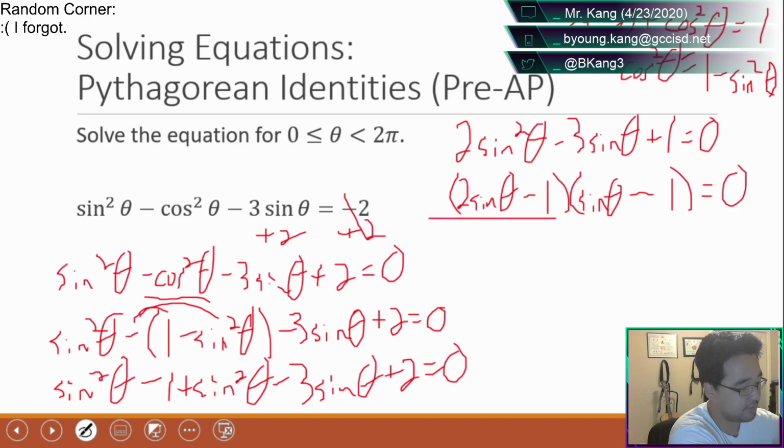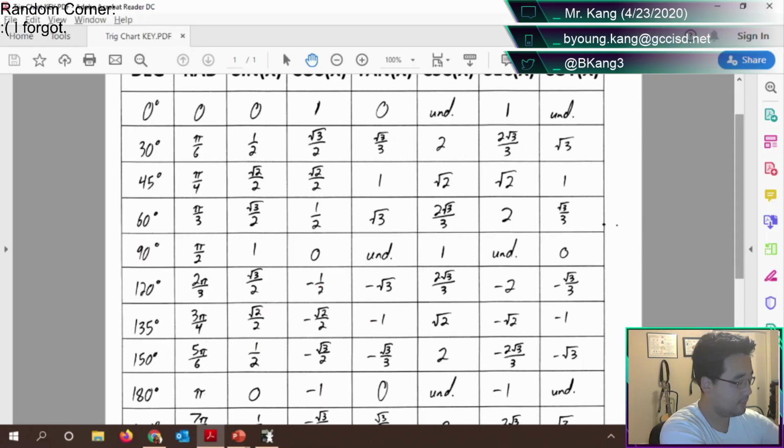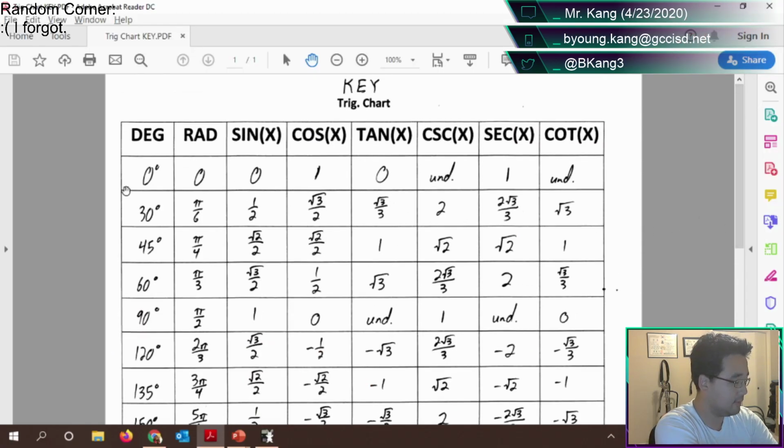So set each of them equal to 0 separately. So sine of theta can equal 1/2, or sine of theta can equal 1. So where is sine equal to 1/2? Well, go down the sine column. This is pre-AP, so I'm not going to bother with degrees.